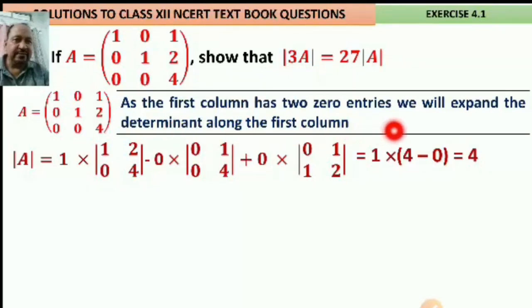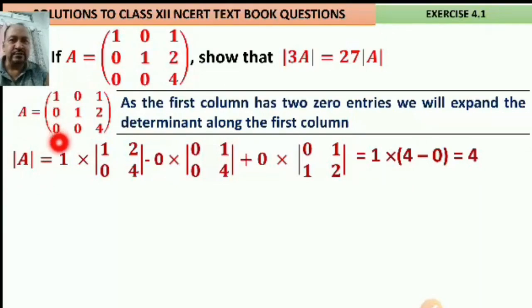As the first column has 2 zero entries, we will expand the determinant along the first column. Please recall, as I told you, that you have to choose the row or column which has the maximum number of zeros, so it will be easy for your calculations.